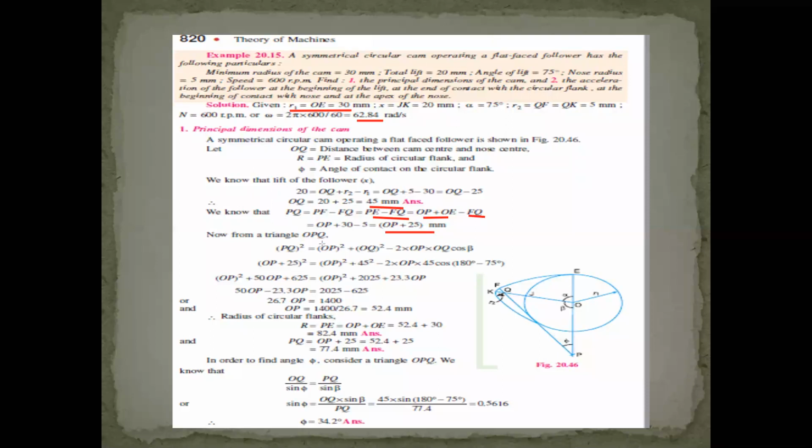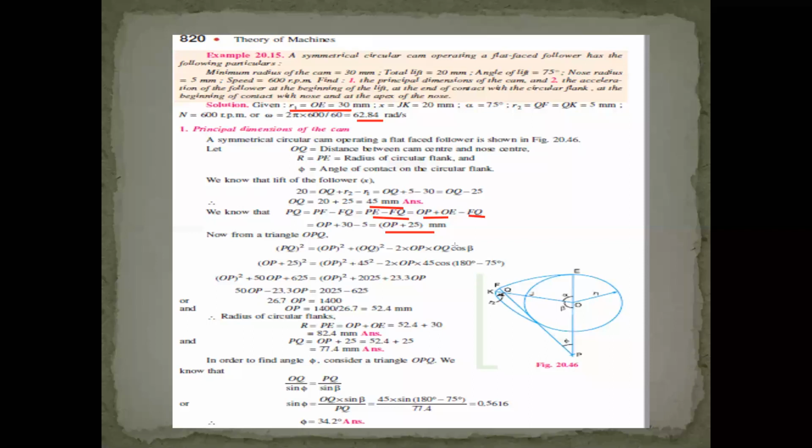Now we take the triangle OPQ. From the triangle OPQ, PQ square equals OP square plus OQ square minus 2 OP into OQ cos beta. This is from the cosine law.